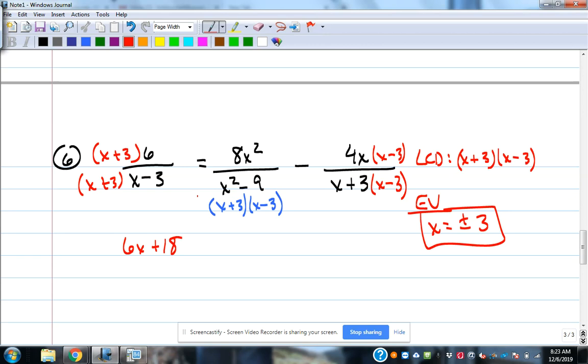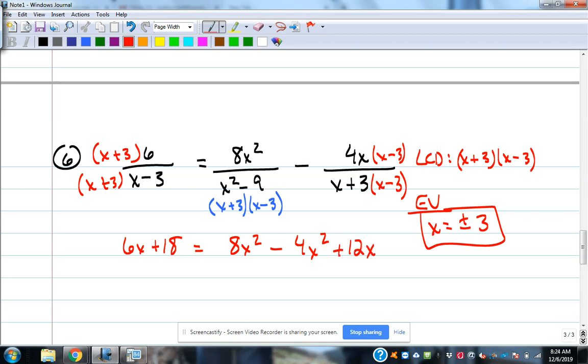And here's where I start skipping steps. I've done all the work up here to get the denominators the same, so I know my next step is just to look at the numerator equation. That's all I'm going to write down. I'm going to say 6 times x and 6 times 3, 6x plus 18 equals 8x squared minus 4x squared plus 12x.